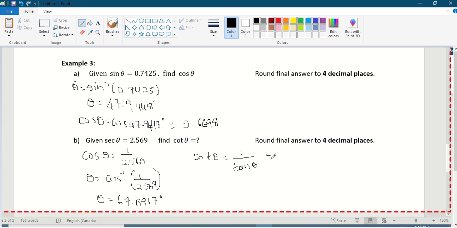So now theta we know, so 1 divided by tan of the theta we found, which is 67.0917 degrees. So we punch in the calculator 1 divided by tan 67.0917. The answer we should get is 0.42. We are asked to round to 4 decimals, so 0.4226. Okay, and this is a ratio, so it's not a degree, it's just 0.4226.